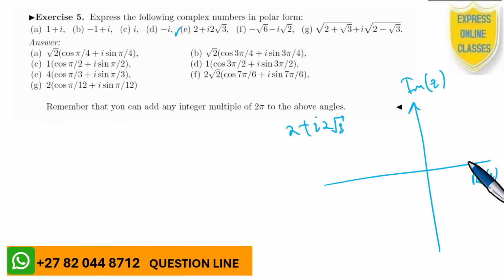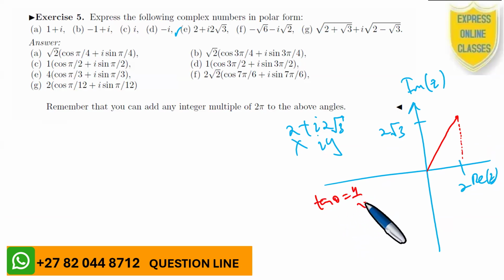This one is 2 plus that. So this is 2, this is like x and this is y, iy. So x is 2 and then y is 2 times the square root of 3. It is this one. So you're going to form this triangle here.